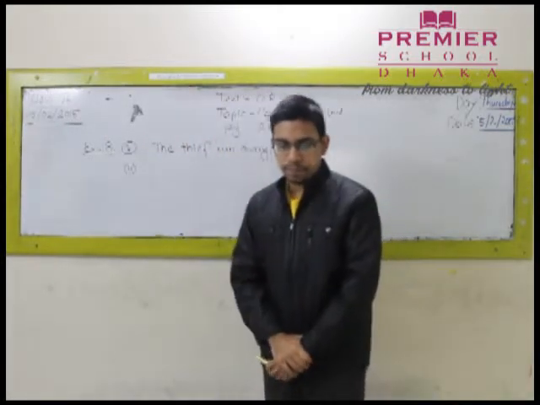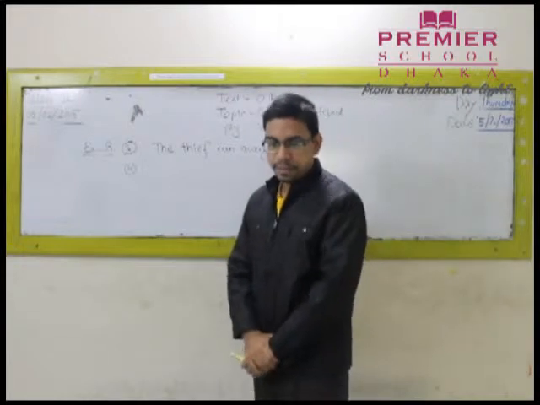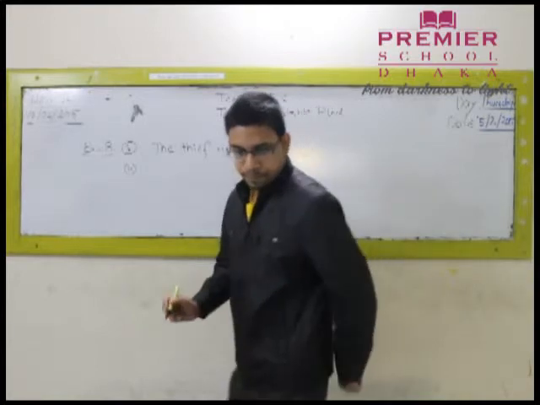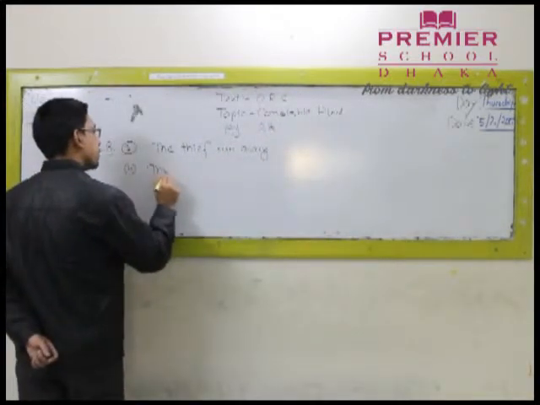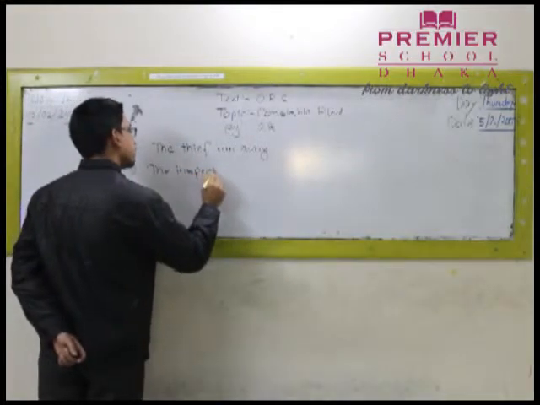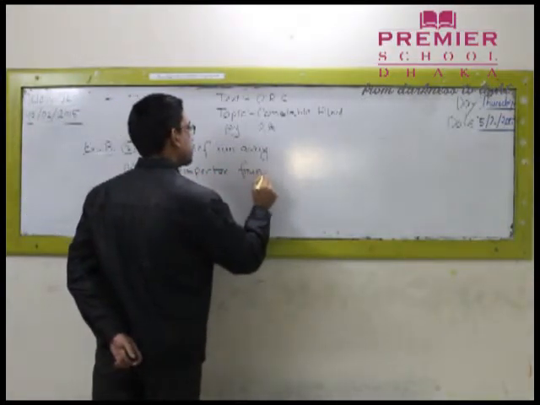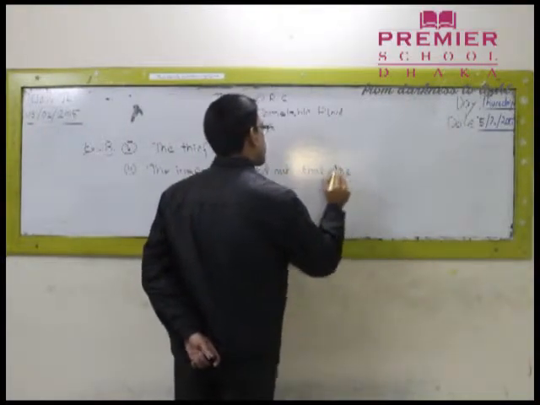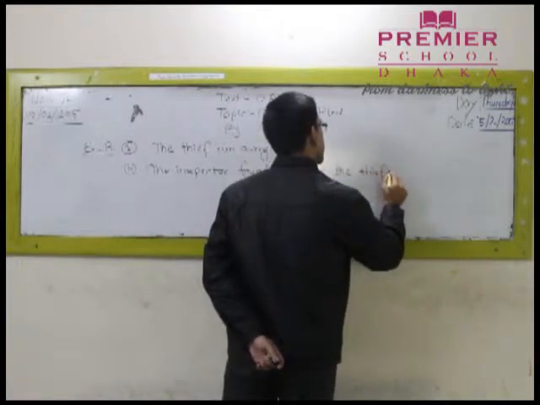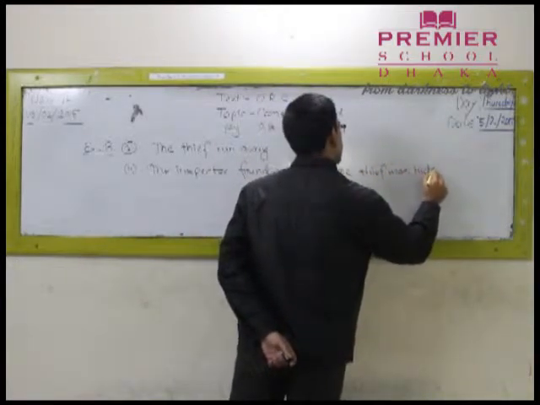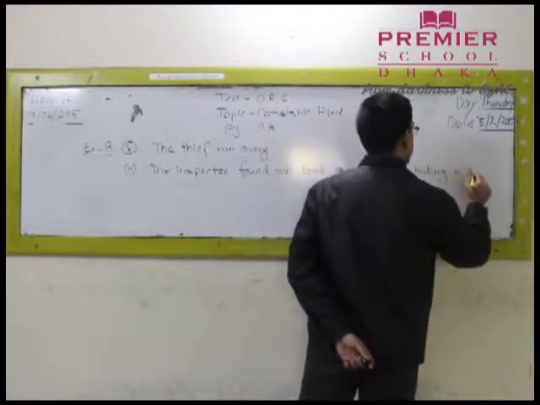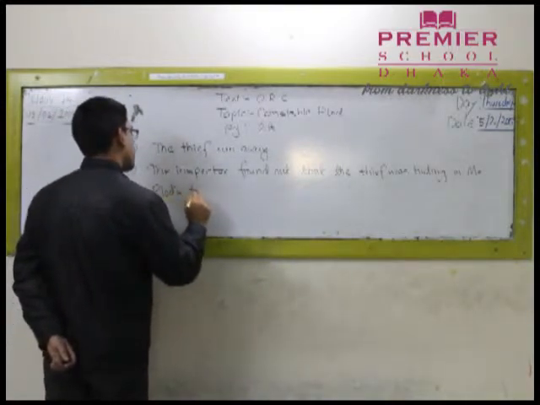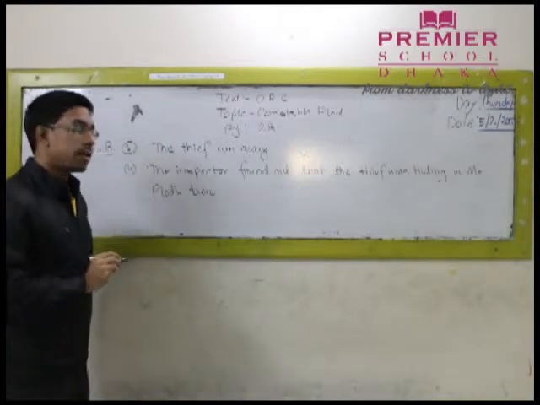The question for 4 was, what did the inspector send Mr. Plod? What did he send to Mr. Plod? The inspector found out that the thief was hiding in Mr. Plod's town.